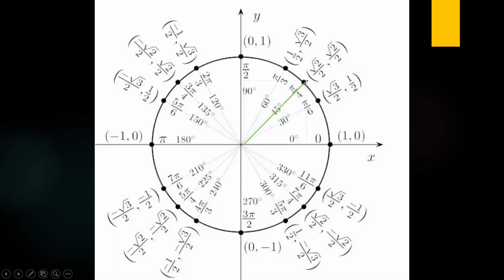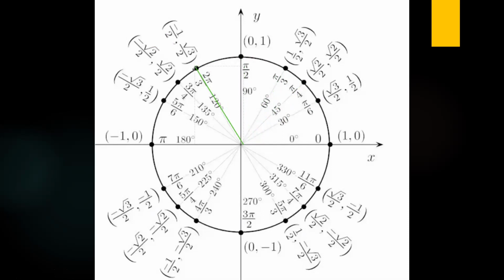Then we have this angle, which is 45, or pi over 4 in radians. Its cosine is square root of 2 over 2, and its sine is square root of 2 over 2. 60 is pi over 3. Its cosine is half, and its sine is square root of 3 over 2. 90 is pi over 2. Its sine is 1, and its cosine is 0.